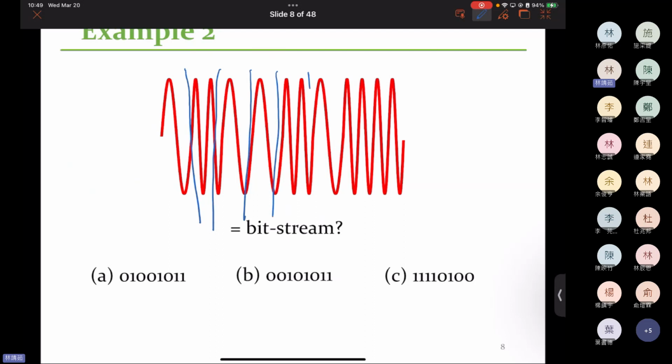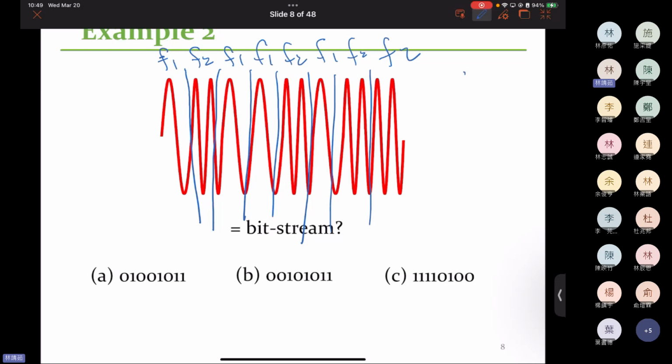Okay, so in this example, again, we are using a fixed boundary to partition our signal. But just now, we changed the frequency of the signal for each segment. For example, this is the low frequency, we say F1. This is the high frequency, we say F2. And this is F1, F1, F2, F1, F2, F2.